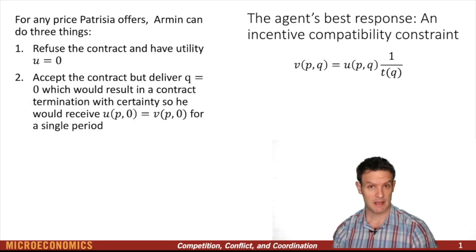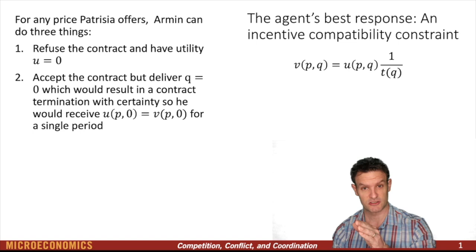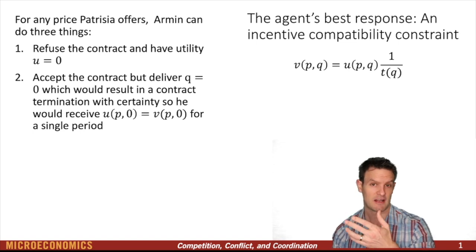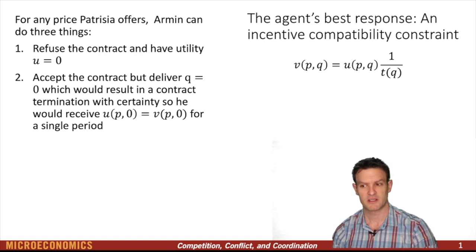Or he can accept the contract, but deliver quality equal to 0, which would result in his contract being terminated with certainty. In which case he gets the utility equal to the price, providing 0 quality, and then he gets value of a price and 0 quality. And he gets that for a single period.